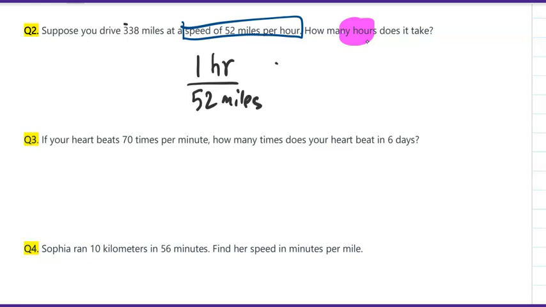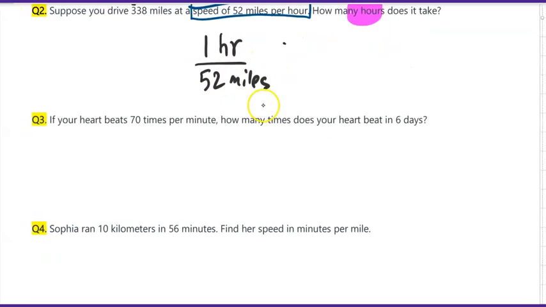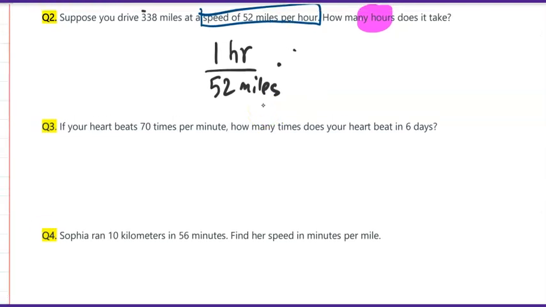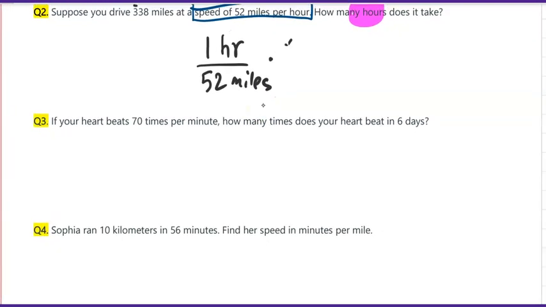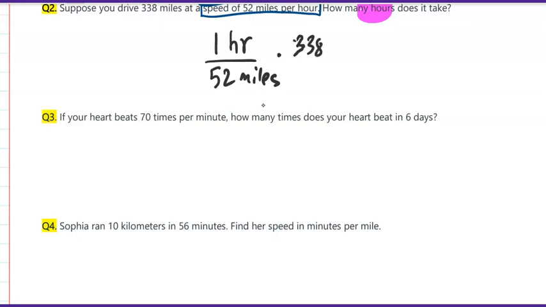So rather than 52 over 1, I did 1 hour over 52 miles because I want an hour answer as a unit. So I put hour in the top, miles in the bottom, and multiply by how many miles you drive, 338 miles.